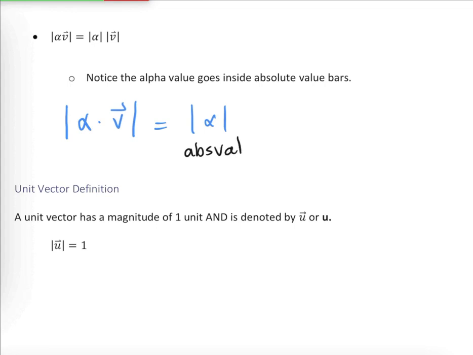So the magnitude of the scalar multiple is going to be the absolute value of the scalar quantity times the magnitude of the vector quantity. So these vertical bars are mag bars. And again, they look exactly the same, but we know that they're absolute value bars on the left because what's inside is a scalar or a real number. We know that they're magnitude bars on the right because what's inside is a vector.